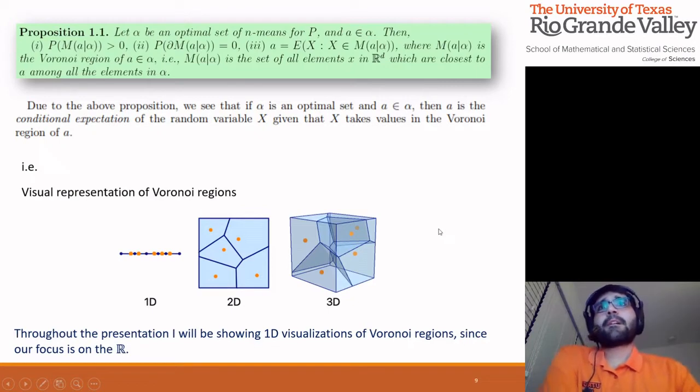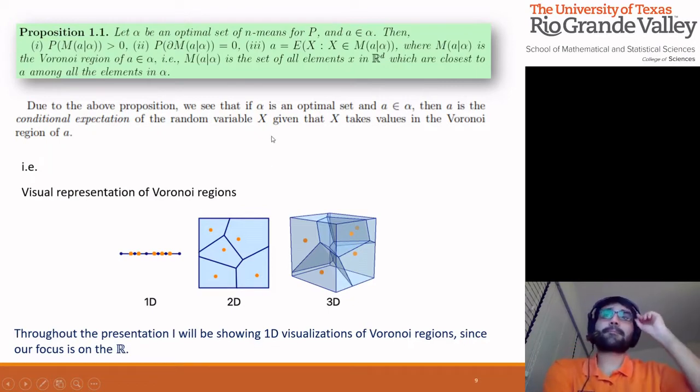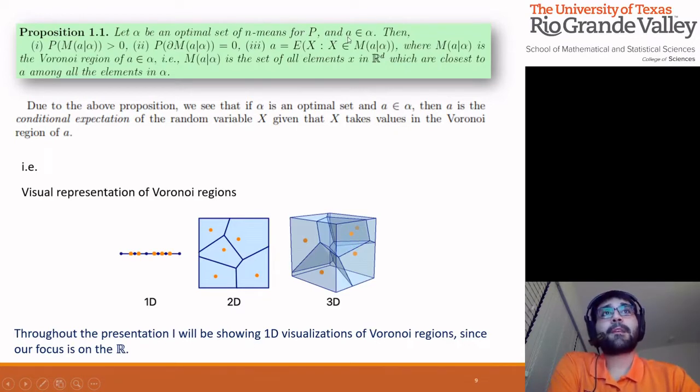And let's start with Proposition 1.1. Let alpha be an optimal set of n means for P, and a be an element of alpha. Then the probability of the Voronoi region is positive. That's one condition. Two, the probability of the boundary of the Voronoi region equals 0. And three, a equals the conditional expectation of the random variable X, given that X is an element of the Voronoi region.